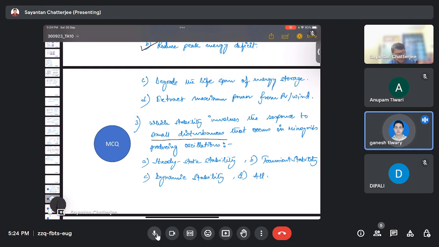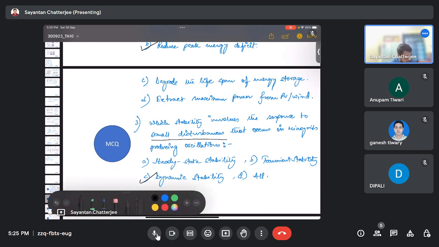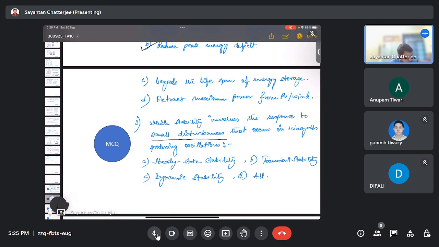So dynamic it will be, sir, because it is oscillation. Dynamic stability is the right answer. Why not transient? Transient stability is mainly during the load changes.